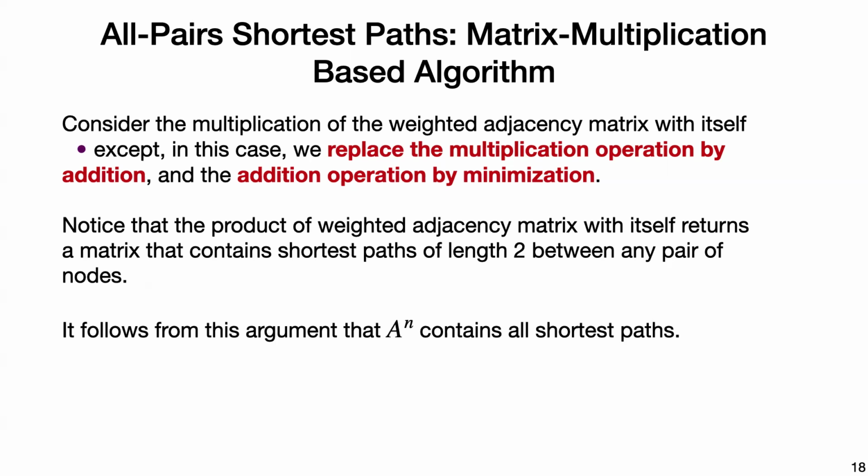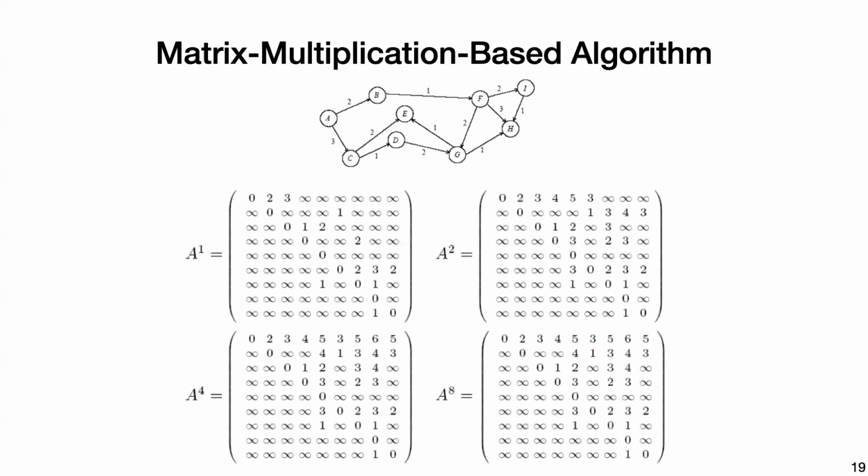So the way you're going to do this is repeated matrix squaring, and we want to get up to a to the power n. This is just an illustration of how the matrix multiplications go. This is the original adjacency matrix. This is a squared.